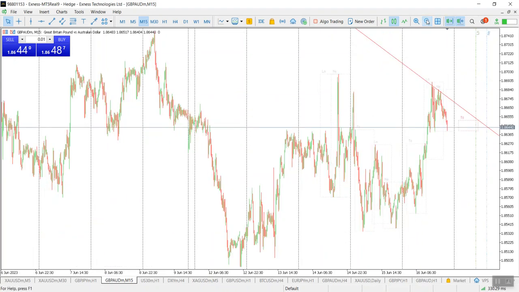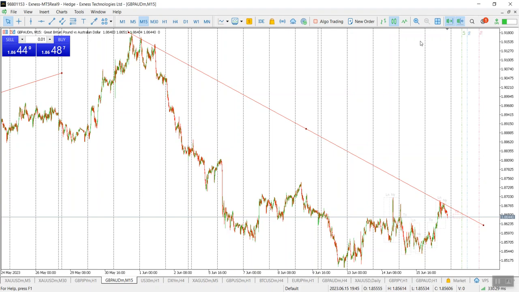You see that, the market is bearish, but bearish with caution.